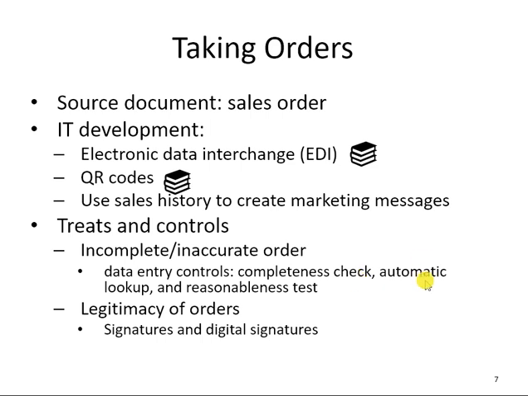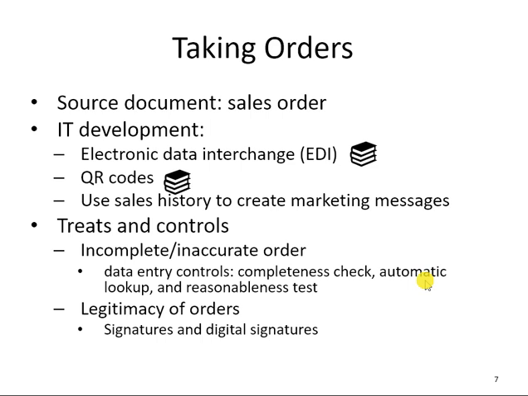We also have automatic lookup from our database. For example, the shipping address: when the customer inputs the shipping address in the online form, the system checks the database. If the customer information is available, it automatically fills in the form with information from our database.